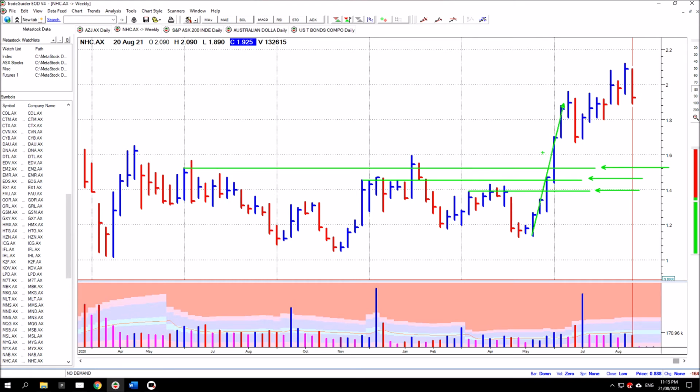It doesn't matter, it's clearly broken out above all of these levels, but it's been way too strong to come all the way back and test for strength. It's come back somewhat, but there's still quite a gap where price didn't come all the way back and test for strength. It was far too strong for that.